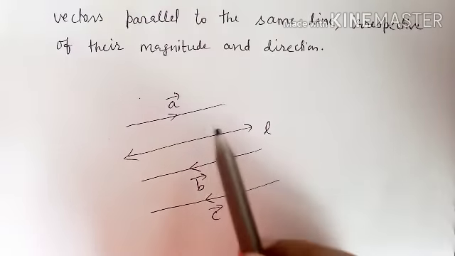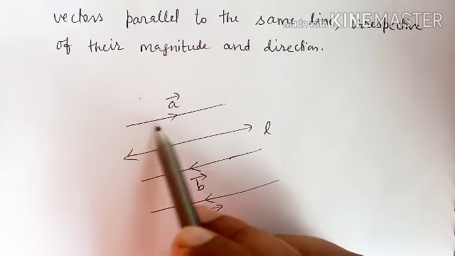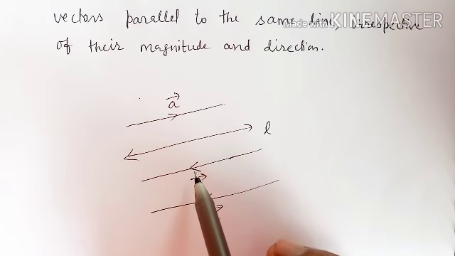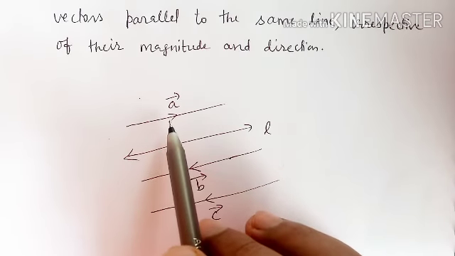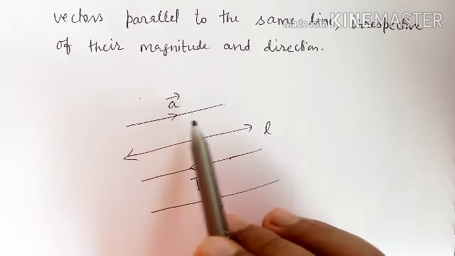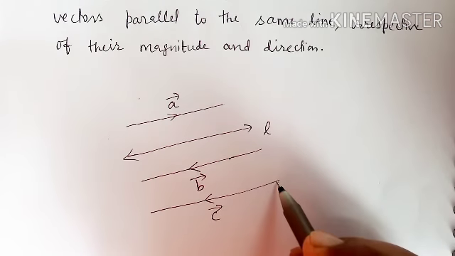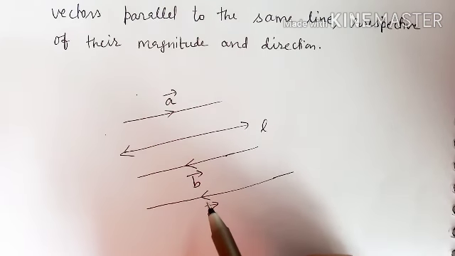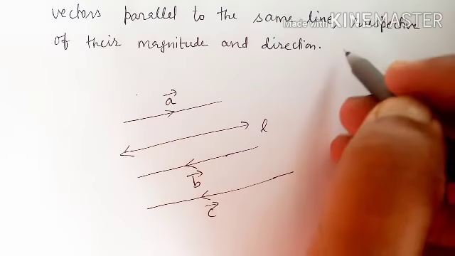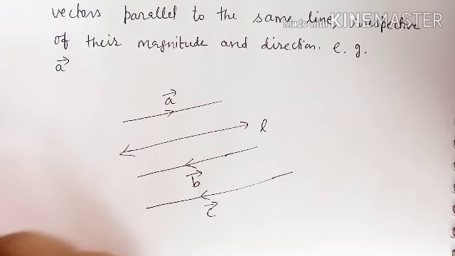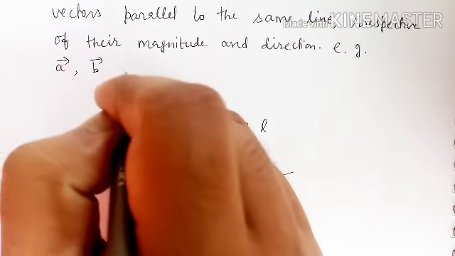We can see vector A and vector B is parallel to line L, so they are collinear vectors, although they have different directions. Also vector B and vector C are collinear vectors, although they have different magnitudes. So we can take the example vector A, vector B and vector C.